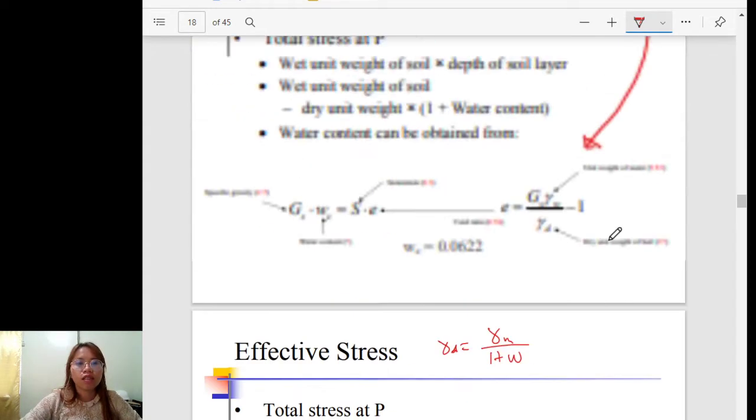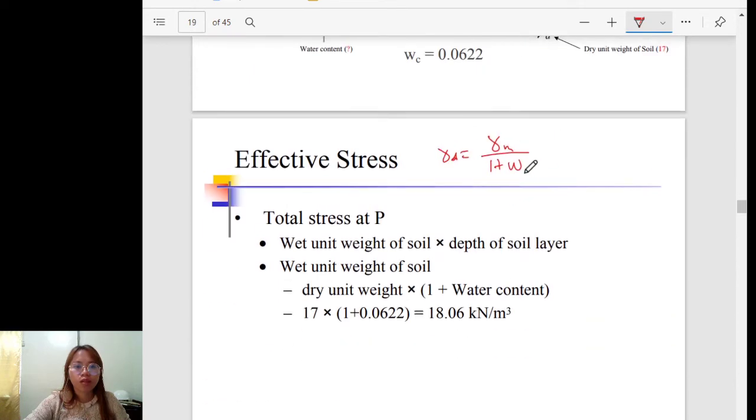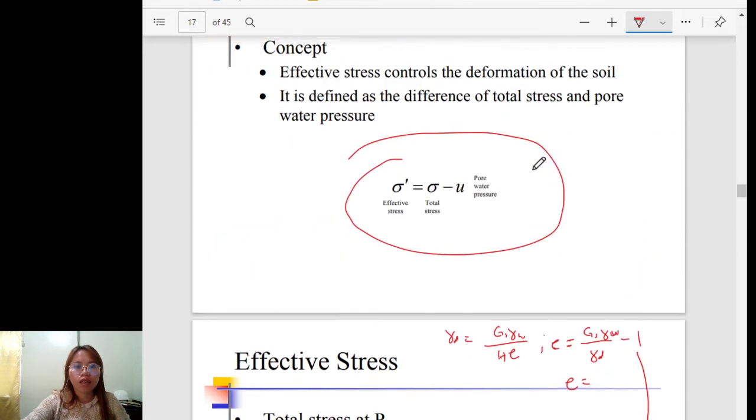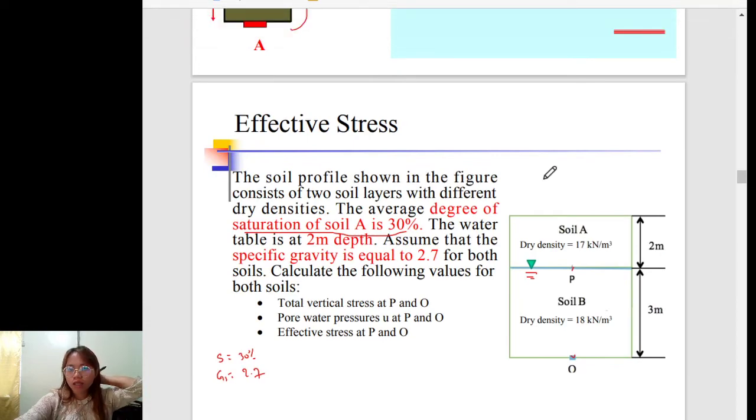So, ano siya? Gikan atong ganina, we'll try to find, so makuha na to ang water content. Because water content is unknown man. So, pag makuha na tong water content diri, gamiton na to ani diri nga formula to get the moist unit weight or wet unit weight na gets ninyo. I hope you get the kuan.